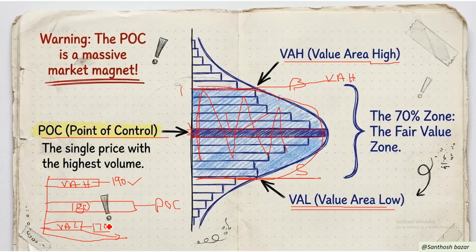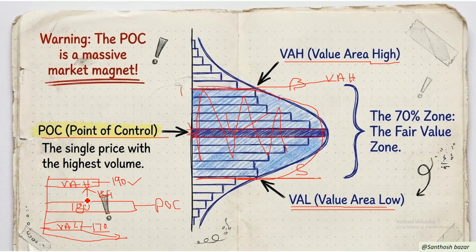Suppose the stock drifts up from 180 to 189 without any major news, without good fundamentals, or without any volume.